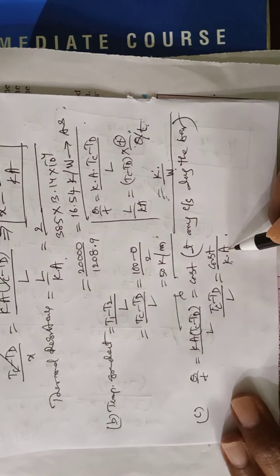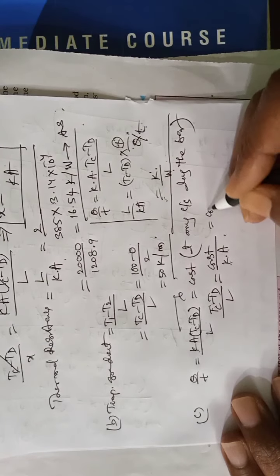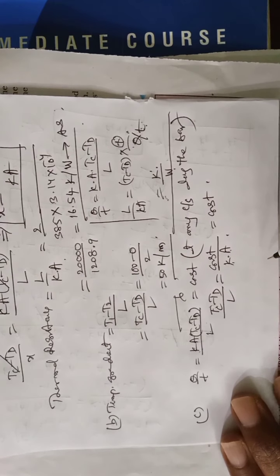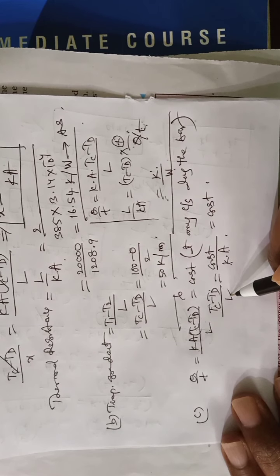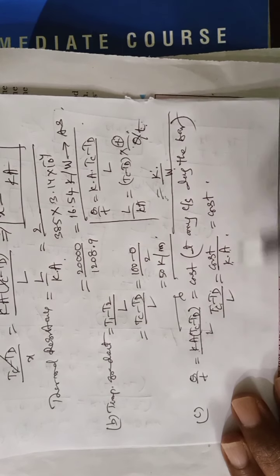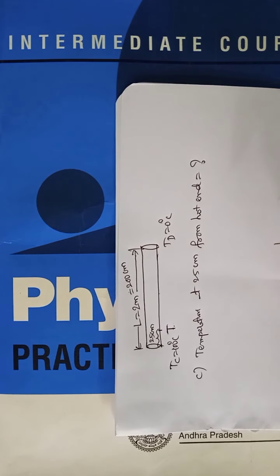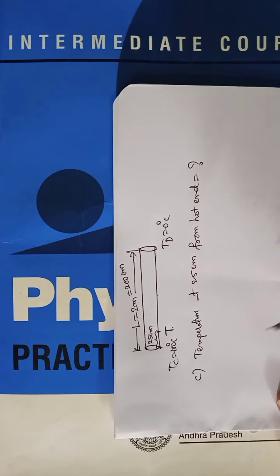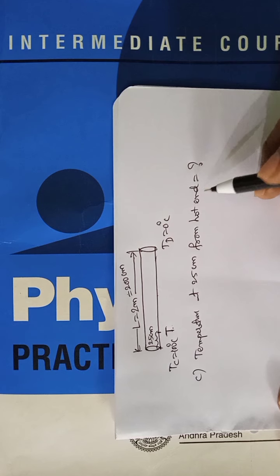Cross sectional area constant, this is a constant. So we get a constant. It means Tc minus Td by L is nothing but temperature gradient, and temperature gradient is a constant. So in this problem, the third part is temperature at 25 centimeters from hot end.